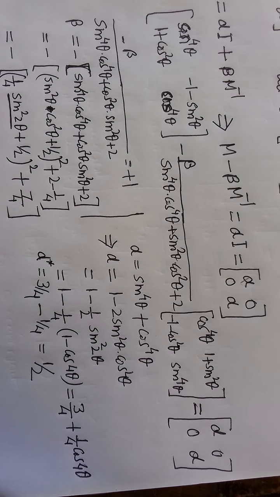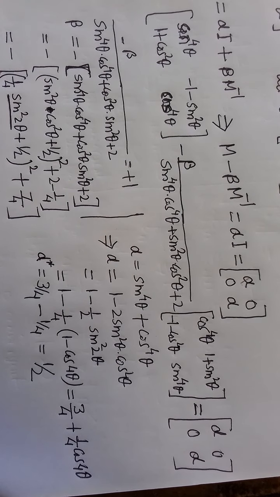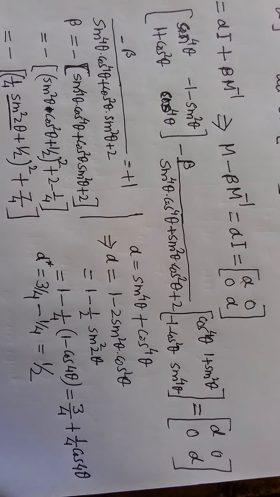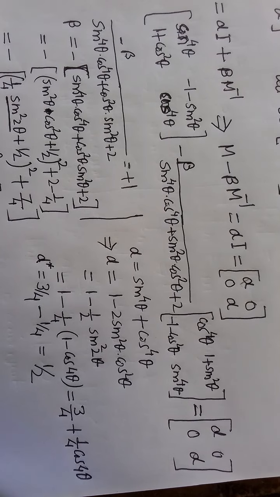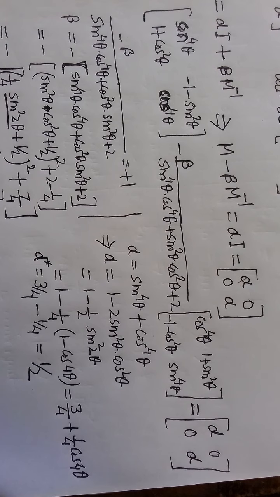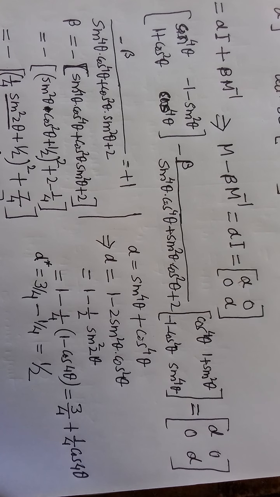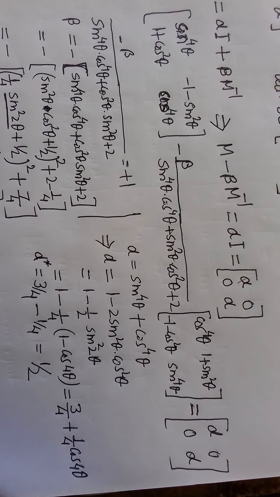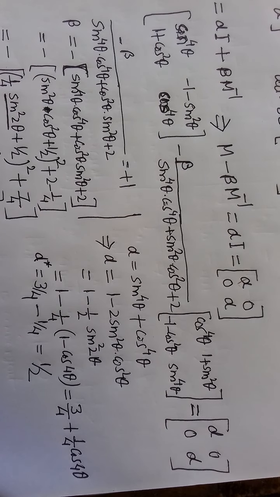So the minimum value of beta is minus of 1 by 4 plus 1 by 2 whole square plus 7 by 4, equals minus, this gives us 9 by 16 plus 7 by 4, and finally we get minus 37 by 16.